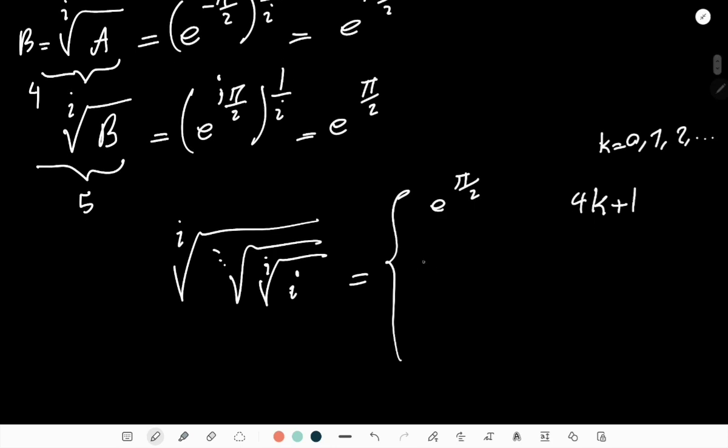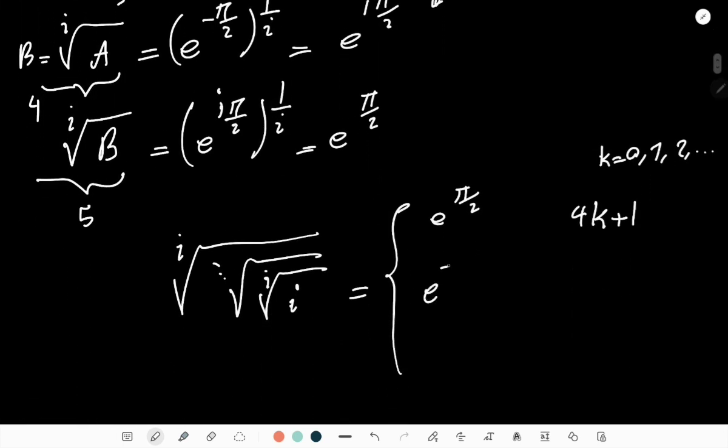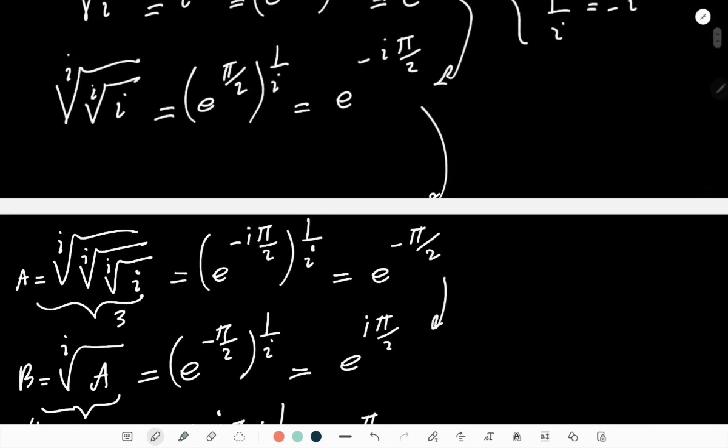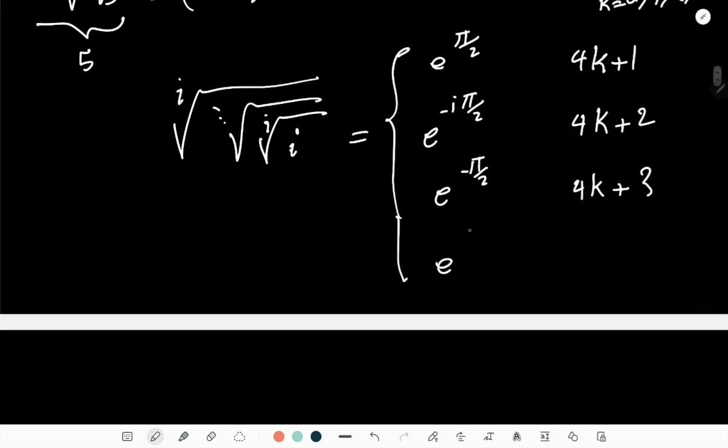Then after that, e to the power of minus i pi over 2 for 4k plus 2, then e to the power of minus pi over 2 for 4k plus 3, and then e to the power of i pi over 2 for 4k plus 4, and then after that it will repeat itself.